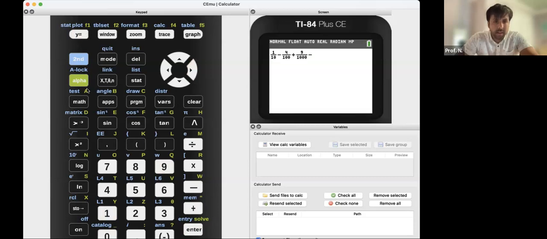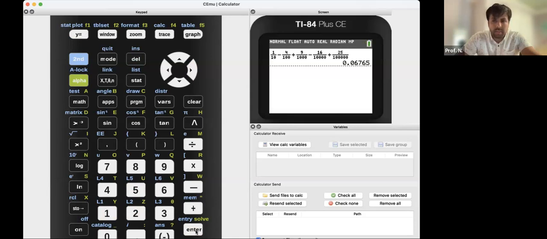Then I'm subtracting 16 over 10,000. Then I am adding 25 over 100,000.